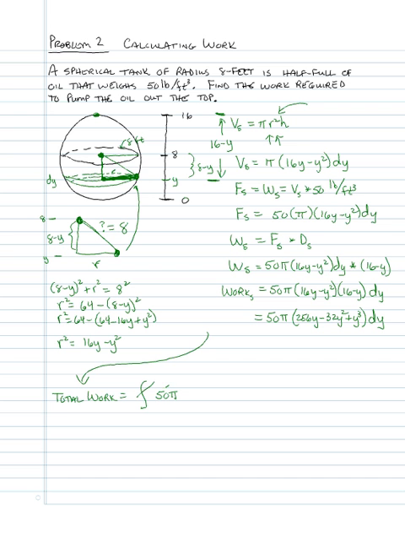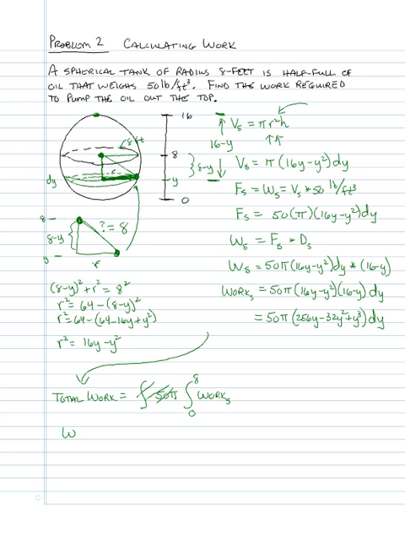Let me write it this way because I'm trying to make a point. We're going to use the integral to add up the infinite number of work elements because we have an infinite number of slices. Now, where are those slices going to start? They're going to start at the y value of 0, and they're going to stop at the y value of 8. That looks similar to what we did before.